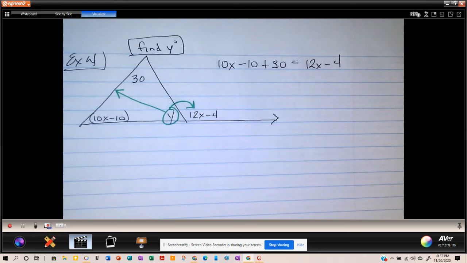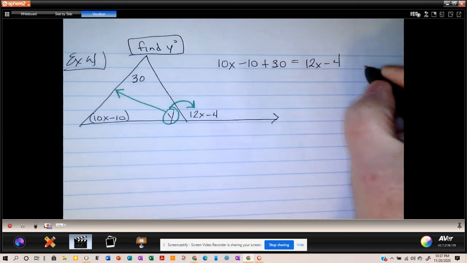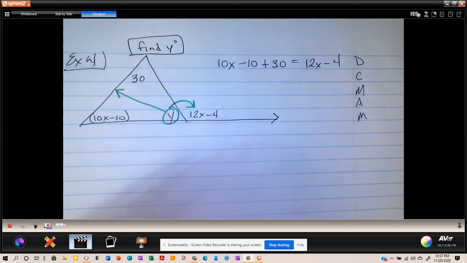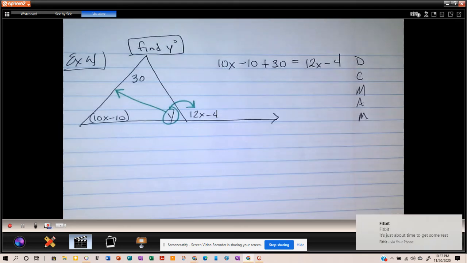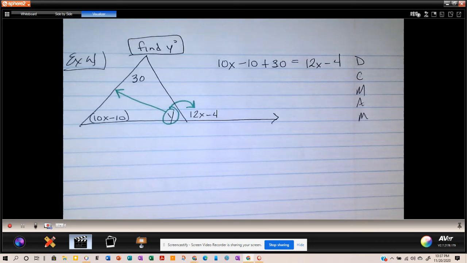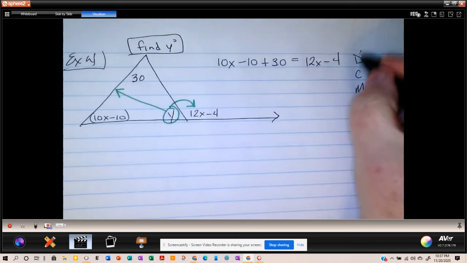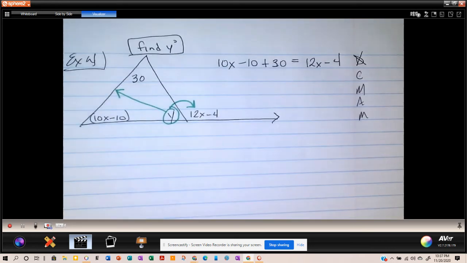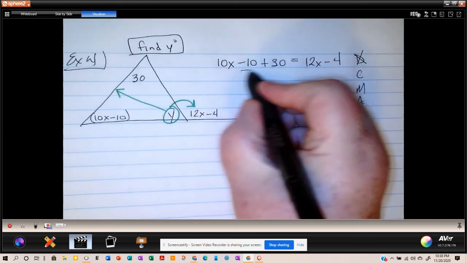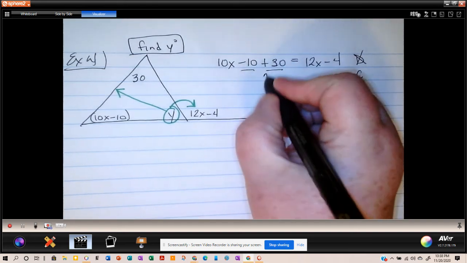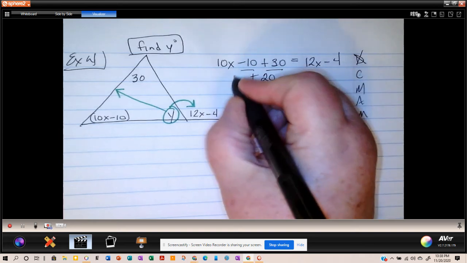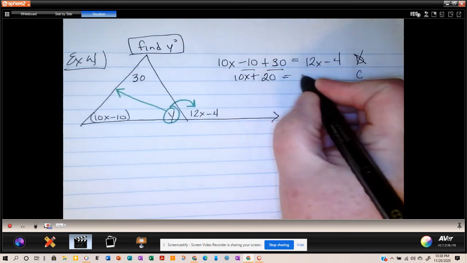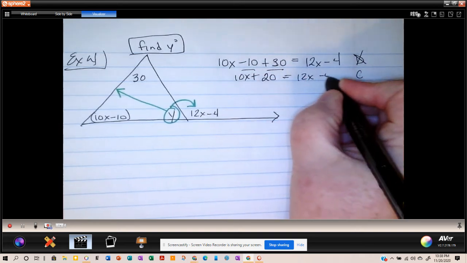I need my DCMAM. All right. So do I need to distribute? No. Combine like terms? Yes. Negative 10 and 30 gives me 20 plus 10x equal to 12x minus 4.